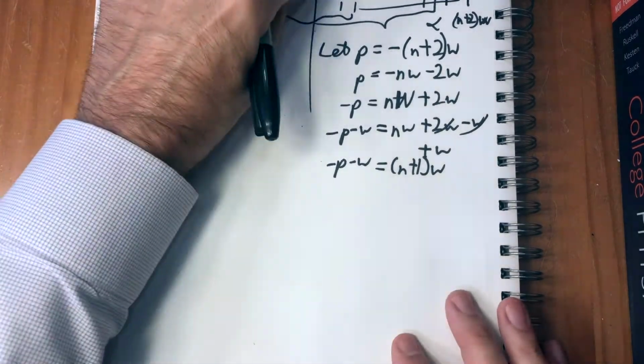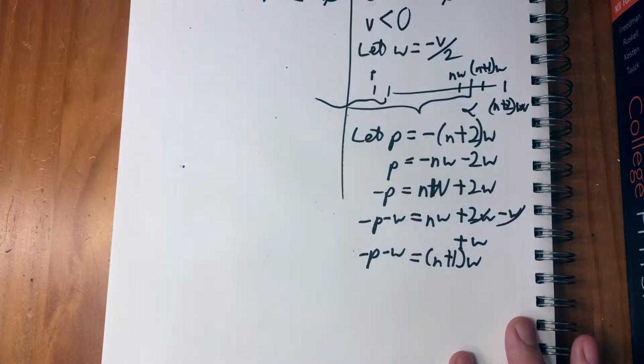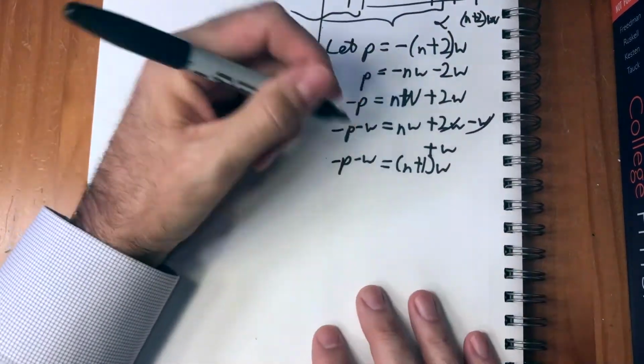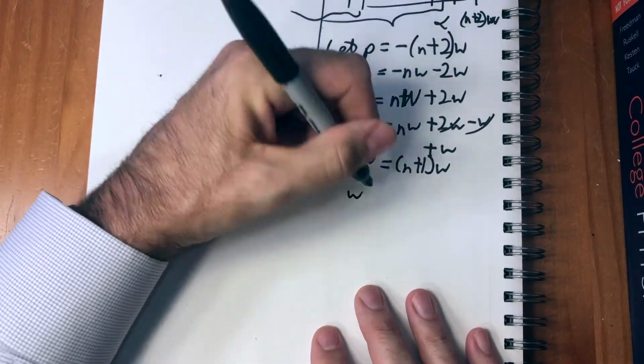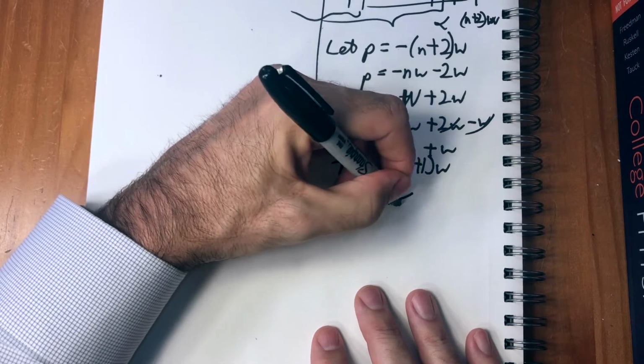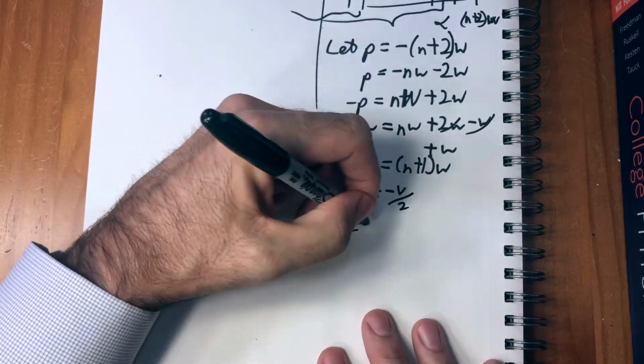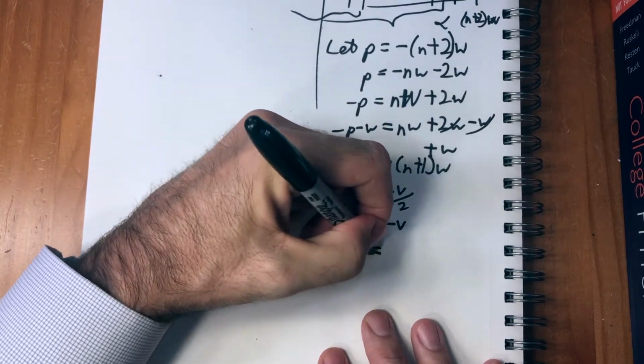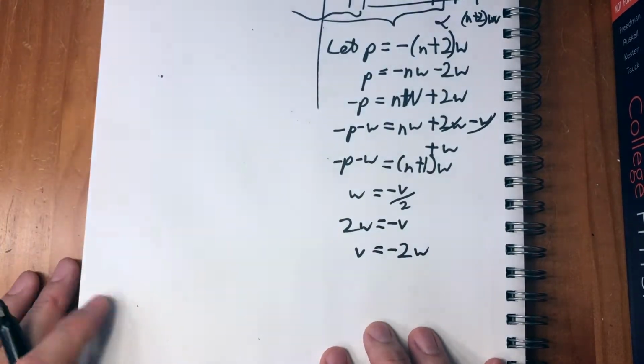Now, what we're really looking at though is we want to relate this to v. So let's look a second more. We have w equals minus v over 2. If we multiply both sides by 2, we get 2w equals minus v. That means that v equals minus 2w.